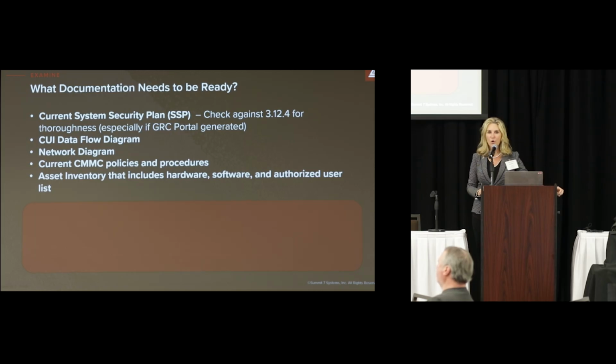Really, this is the opening introduction to your business. That's why an assessor like me is going to spend a few days up front reading it and understanding it. And if we have questions about your scope, those questions should always stem from what we're finding in the SSP, because your scope should be described in there. Your business should be described in there. External service providers need to be described in there.